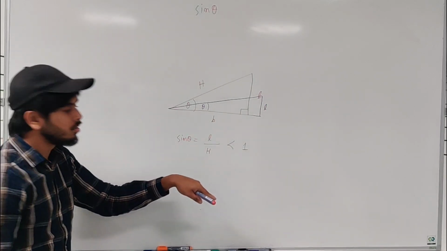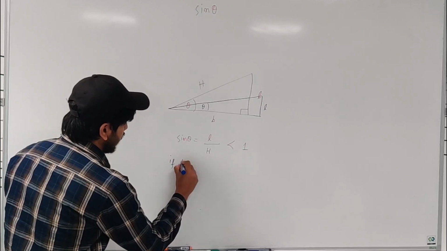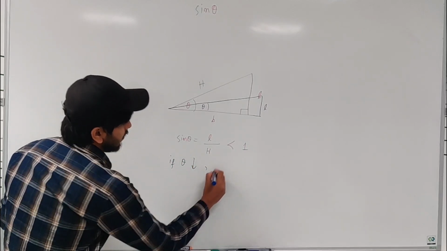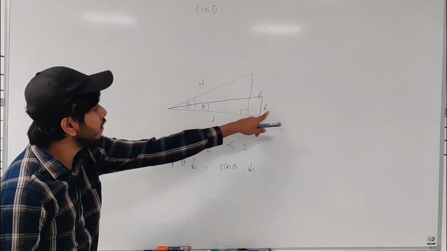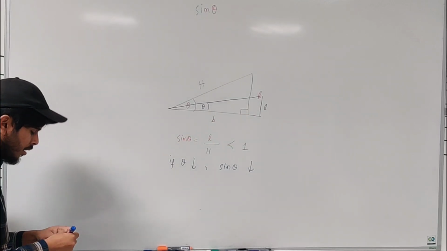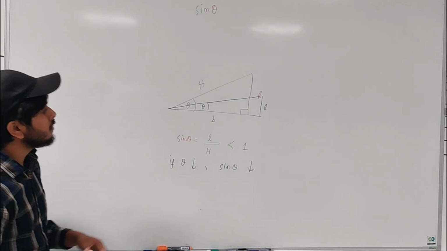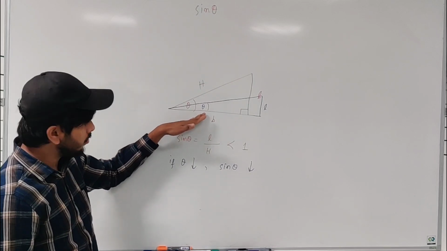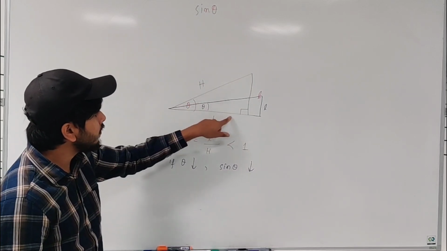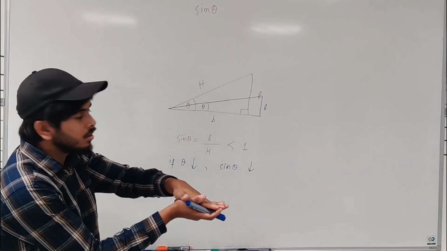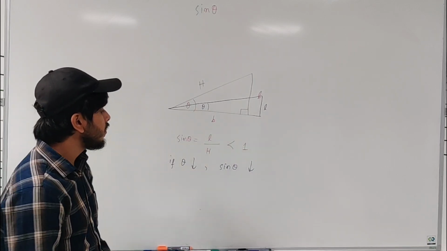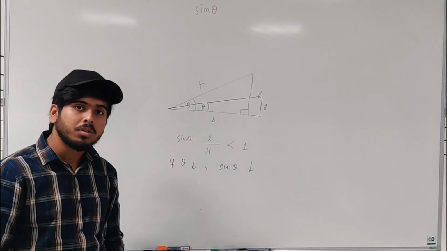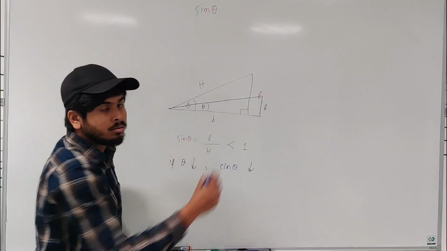So if theta goes down, sine theta also goes down because L is reduced. In a limiting case, when theta tends to 0, this blue line and the red line will be on top of each other, and small l will be 0. In that case, if theta is 0, sine theta also becomes 0 because L is 0.